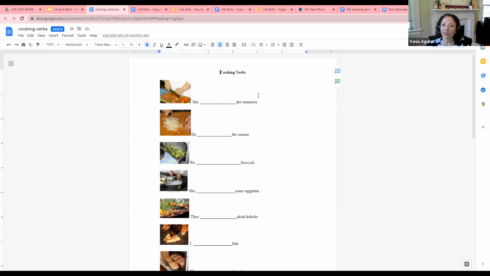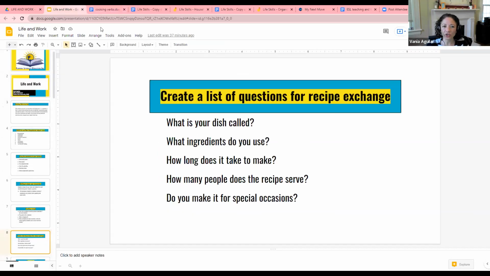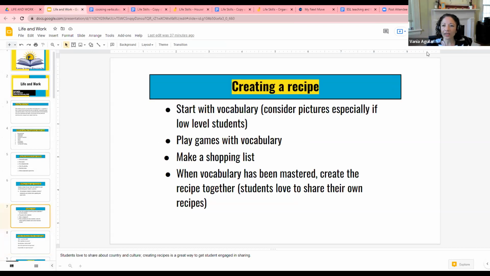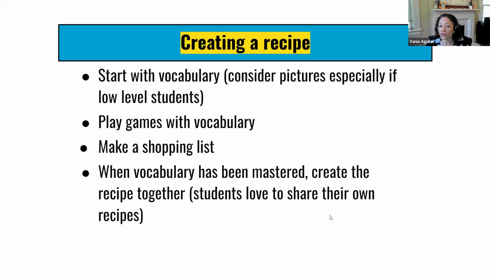But for the activity that I was just sharing with you about creating a recipe, I like to start out with teaching them action verbs, cooking verbs, and all of that, so that the students actually start building up to the point of actually creating this recipe. So it's a process.